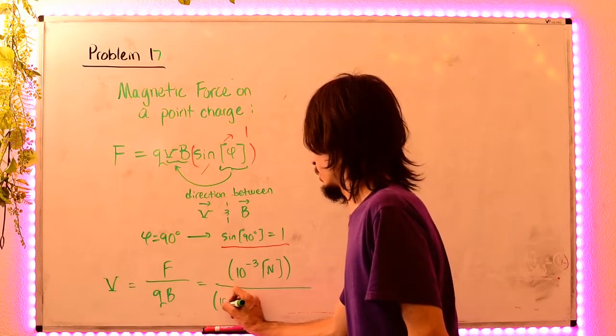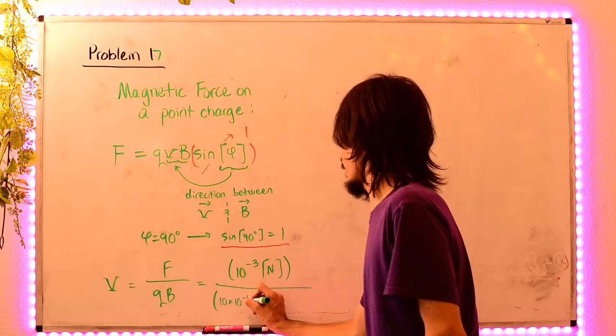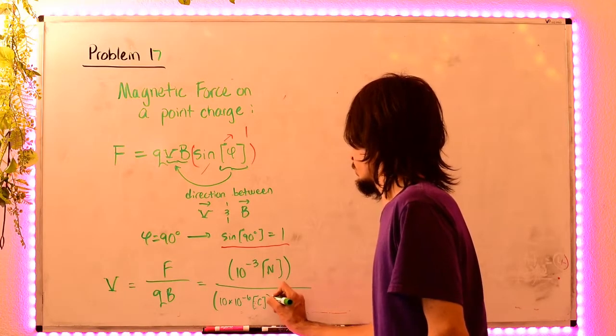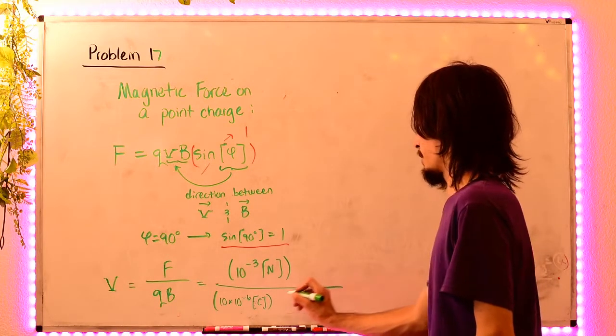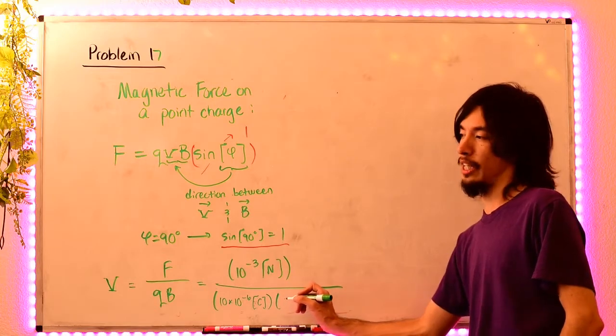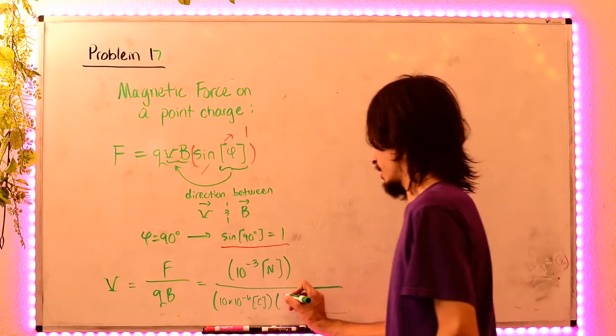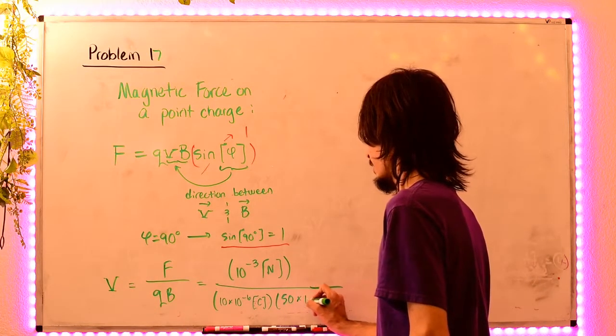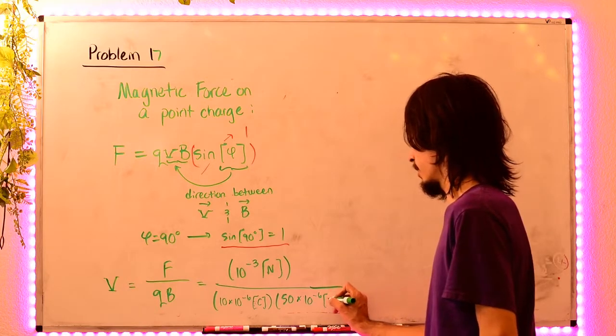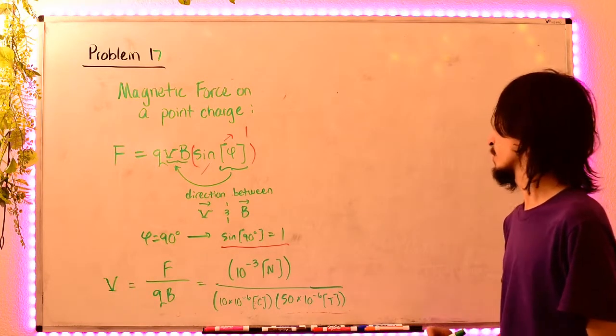So it's 10 times 10 to the minus 6 coulombs of charge, times the magnetic field strength, which is also given to be 50 microteslas, 50 times 10 to the minus 6 teslas.